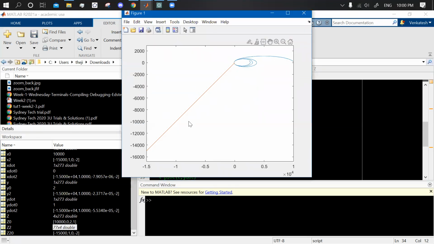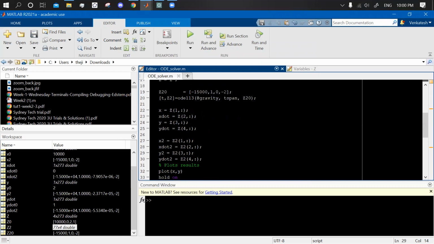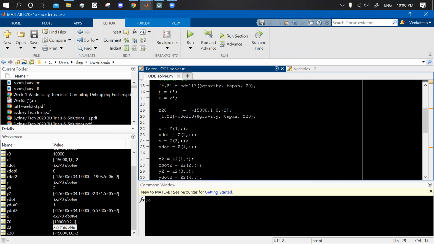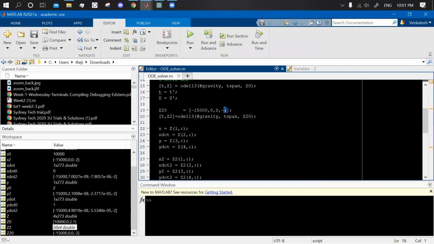That second satellite went a bit fast. I can change its initial conditions, so what speed is nice? That's a bit too fast, so maybe something like a 0. Just go with that. Still too fast. Wow, okay.